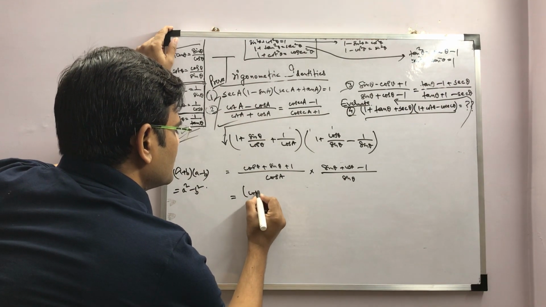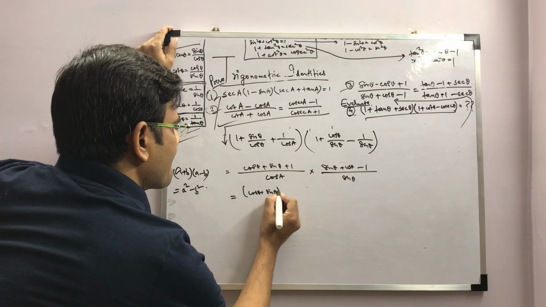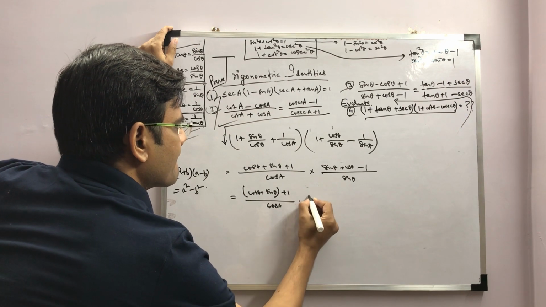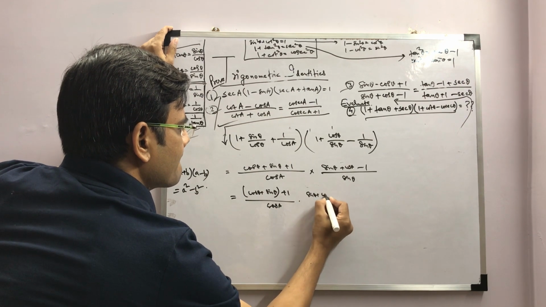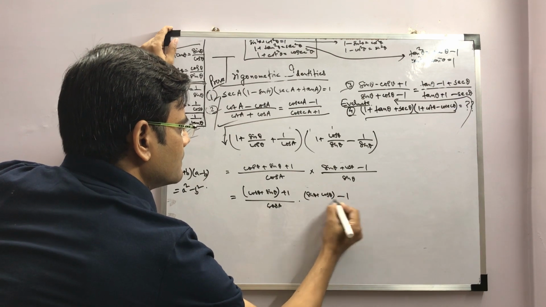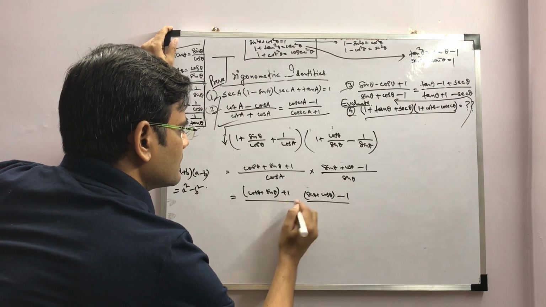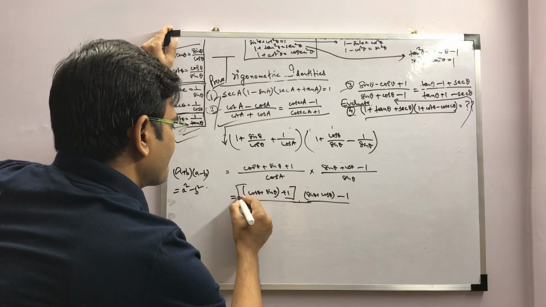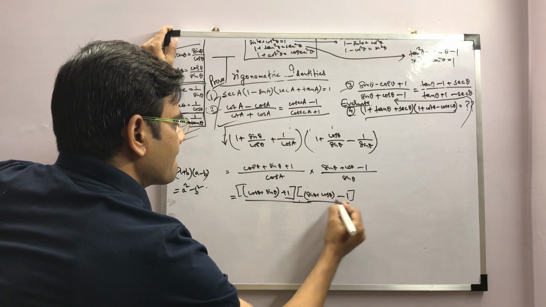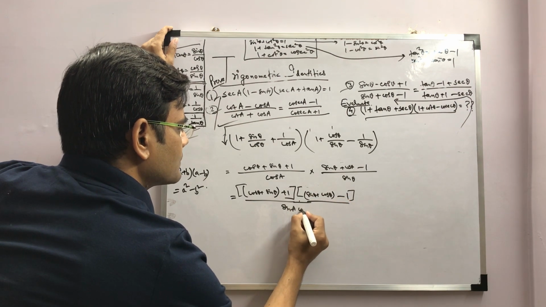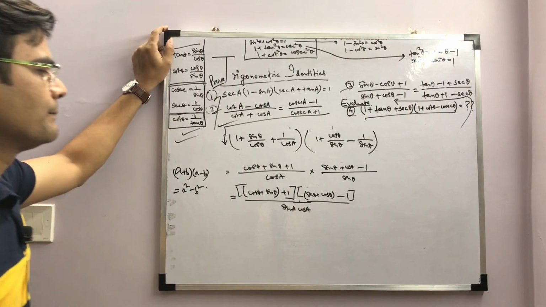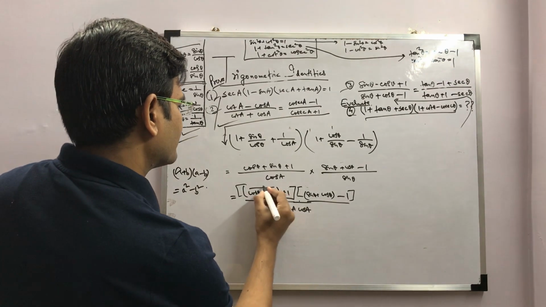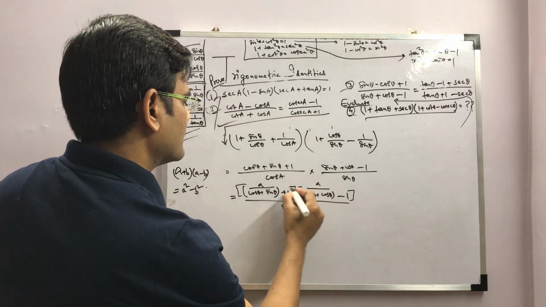So this is cos theta plus sine theta plus 1 by cos theta, sine theta plus cos theta minus 1 by sine theta cos theta. Now a plus b, this is a, this is a, this is a, and this is b.